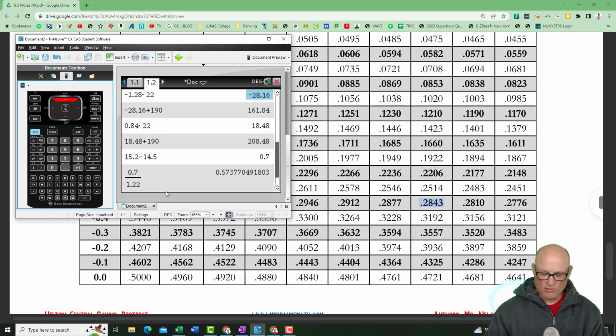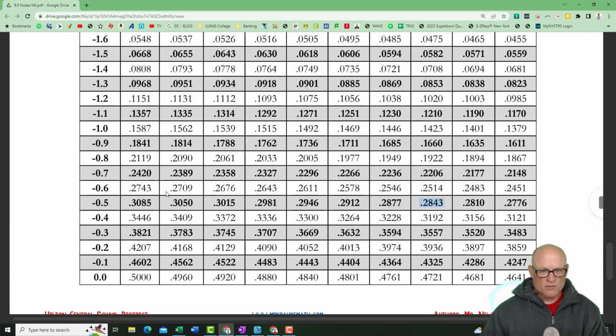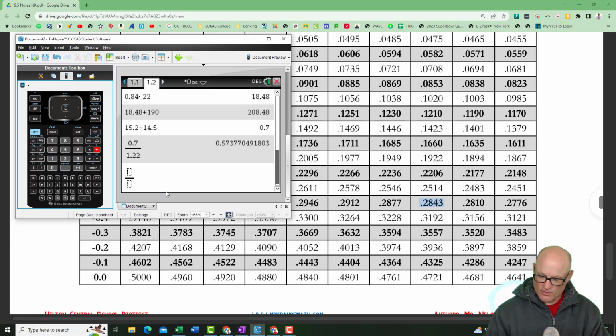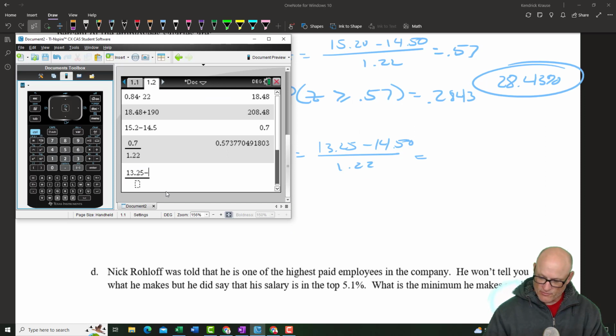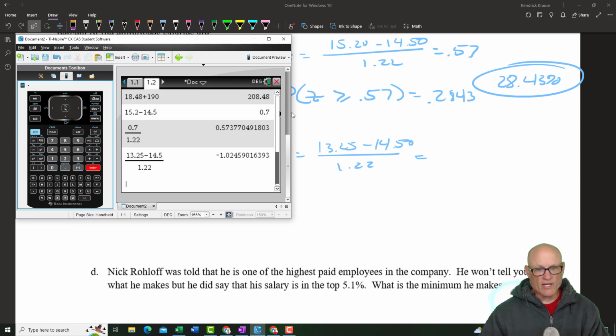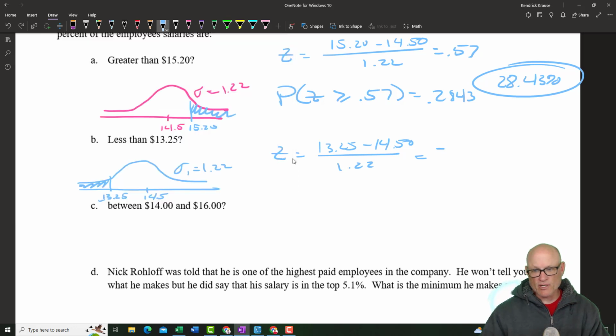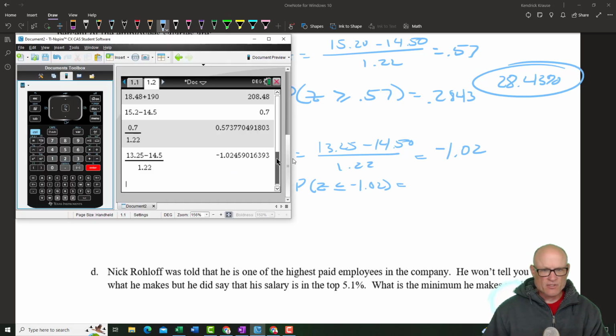Oh, I didn't do it right. 13.25 minus 14.5 all over 1.22. So negative 1.02. It should come as no surprise that it's negative. It's on the left-hand side. The probability that z is less than or equal to negative 1.02 is equal to the area for 1.02.